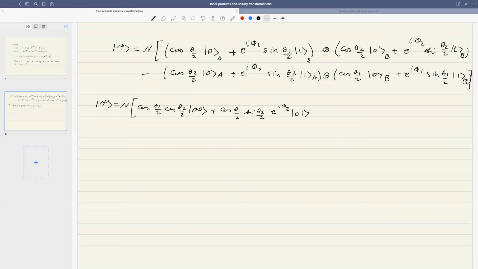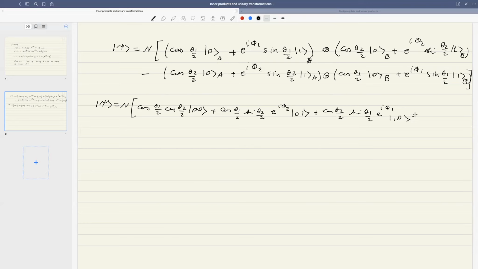Then 1 of A, 0 of B gives cosine theta 2 over 2 sine theta 1 over 2 e to the i phi 1.